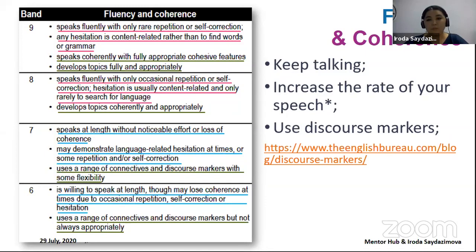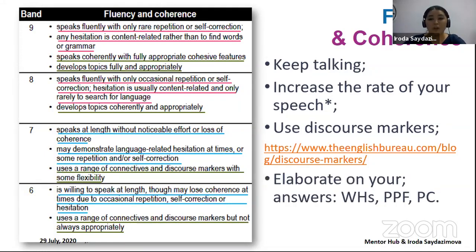So here, if you want to have more ideas about discourse markers, you can visit the link that I'm providing you with. You can take a look at them and you can understand them. I'm not talking about such linkers as furthermore or moreover, because we don't use them in speaking actually, right? We would use something more simple, something more mundane, I would say, like besides, also, this kind of words.